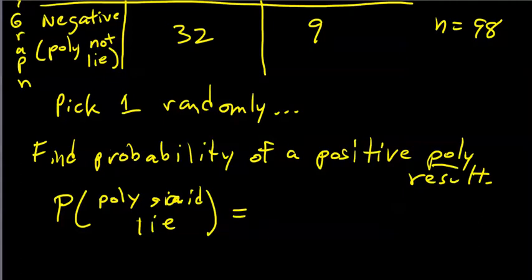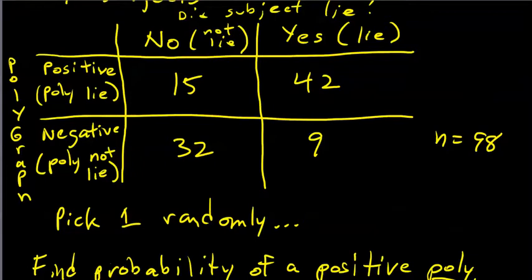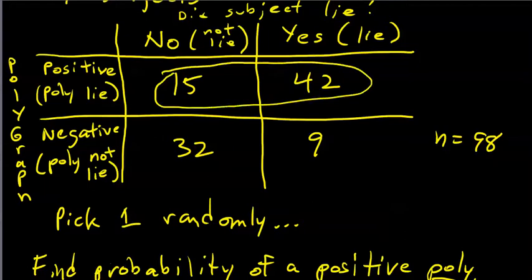Well, if we look back on the table, how many of these people did the polygraph say lied? Whether they lied or not was another story. The total of this row is the total number of people the polygraph machine, right or wrong, said lied. So we just add these two cells. 42 plus 15 is 57.